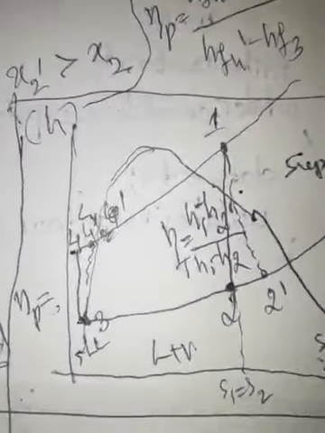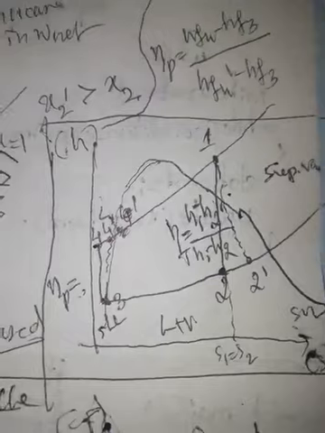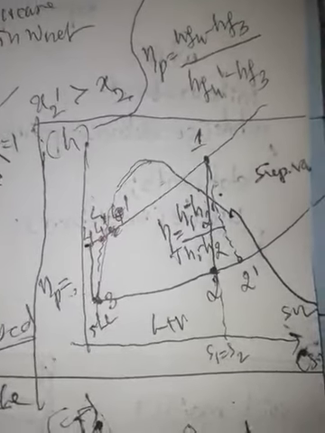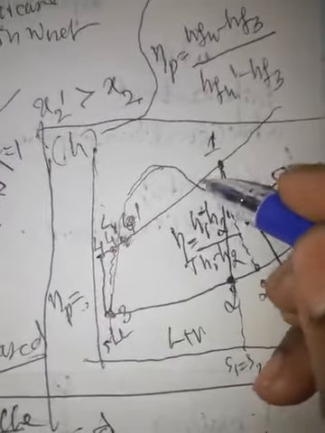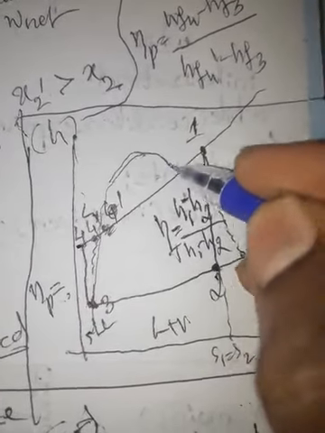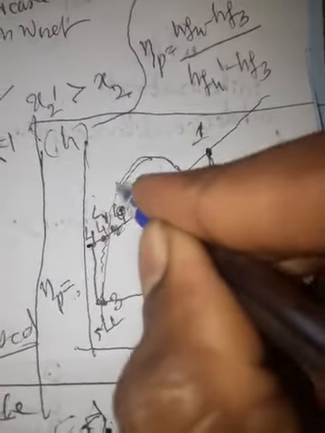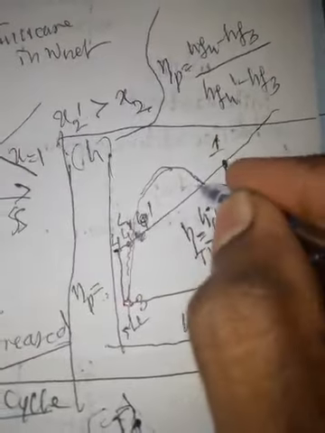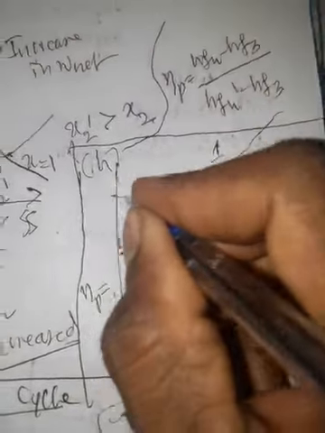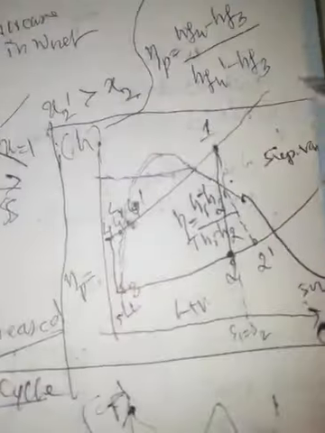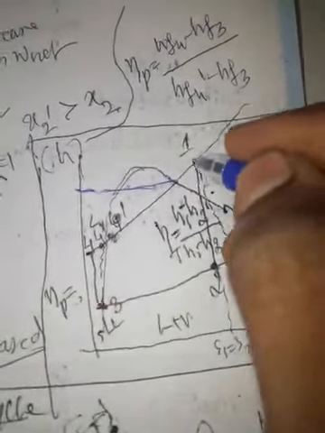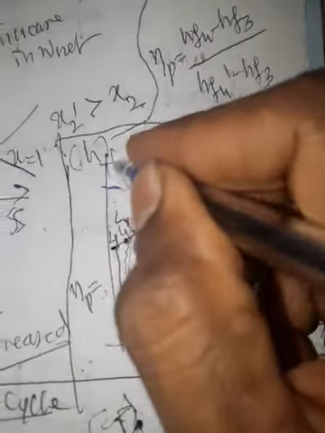Hope you have understood the theory. Now let me discuss one more point, that is the formula. It's a revision of basic thermodynamics. Here this is the saturated liquid line, here you have Hg, this is Hg, and this one is H1.